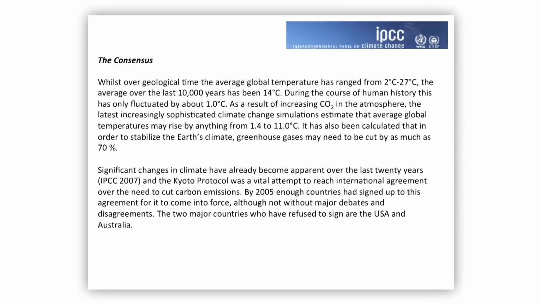I showed you that in the last 100 years, we've increased global temperatures by another degree, as a result of increasing CO2 in the atmosphere and other greenhouse gases. Global average temperatures may rise by anything from 1 to 11 degrees Celsius by the end of this century. It's also been calculated that to stabilize the climate, greenhouse gases may need to be cut by as much as 70%. This is the scientific consensus for climate change.